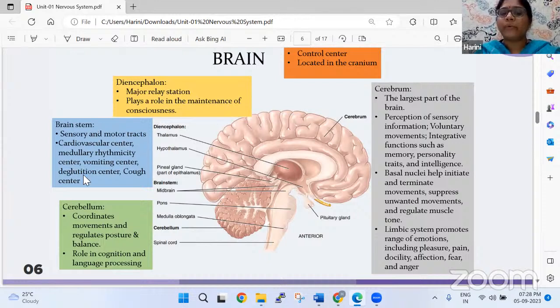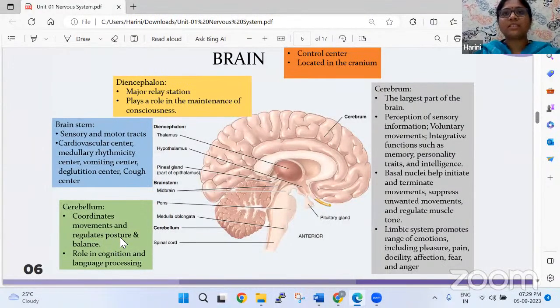So this is about the brain stem, right? So now, simply, we have summarized the first main part of the brain, that is the brain stalk. Now let's see the next part, the posterior part of the brain, that is the cerebellum. Cerebellum is the smallest posterior part of the brain, which is mainly involved in controlling the movements, regulating posture and balance.